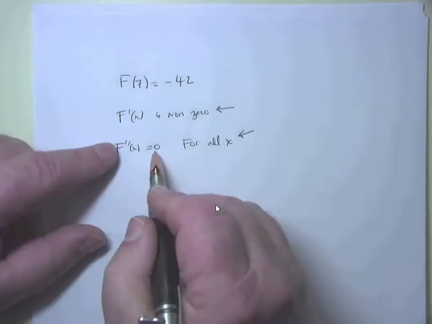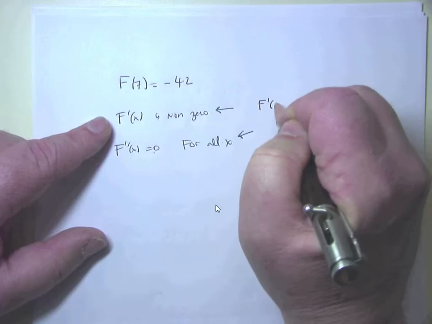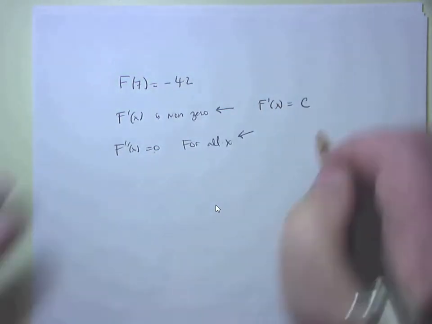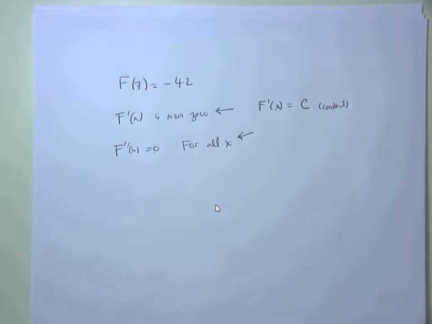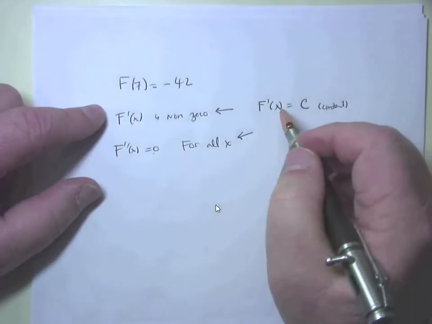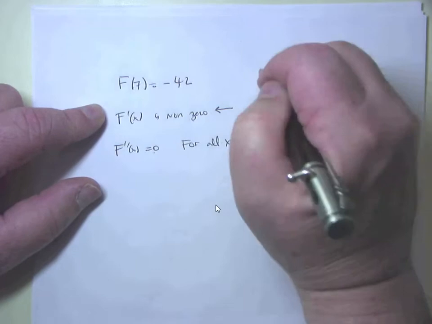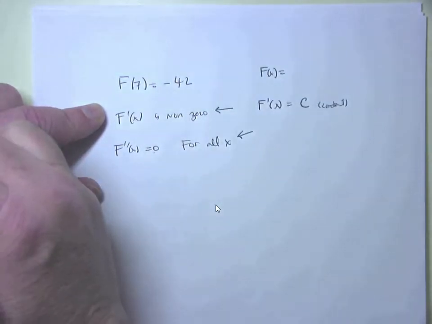So for the second derivative to be equal to 0, the first derivative has got to be some kind of a constant. C for constant. Now, when I take a derivative of somebody and I get a constant, what did the original function have to be? Derivative of what is a constant?